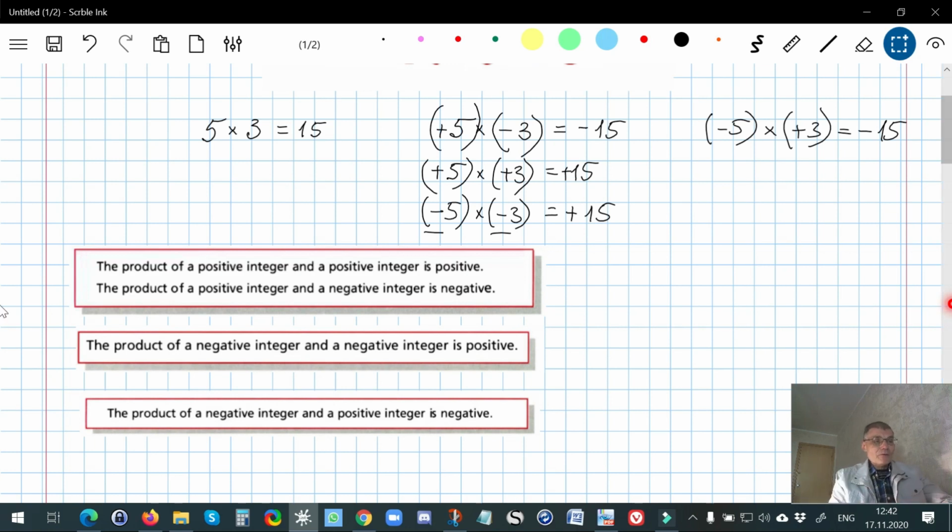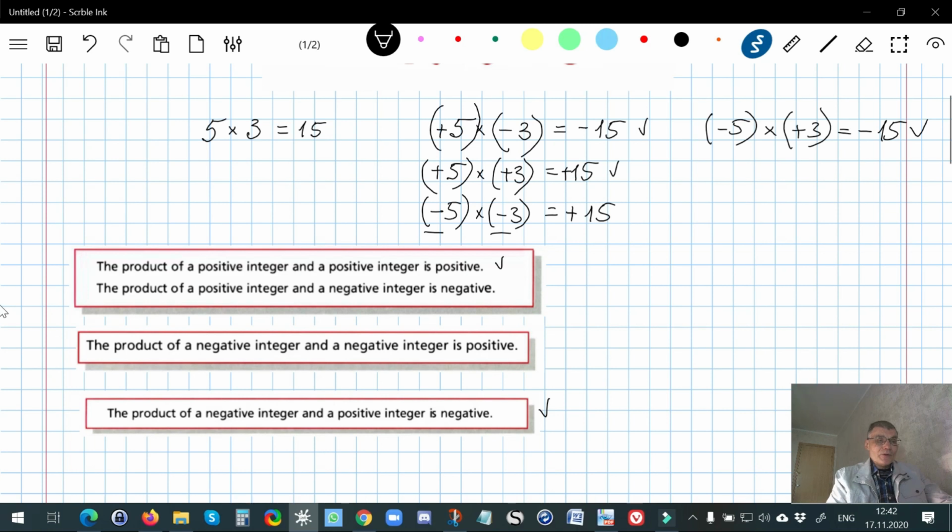The product of a positive integer and a positive integer is positive. The product of a positive integer and a negative integer is negative. The product of a negative integer and a positive integer is negative.